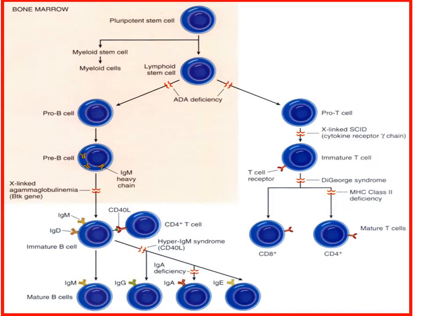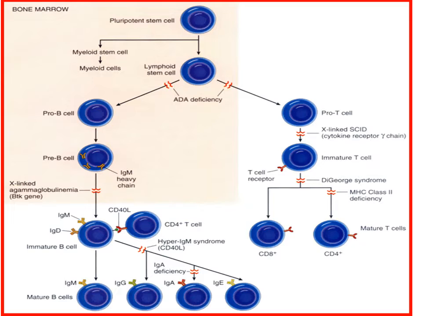This flowchart shows the differentiation of stem cells into lymphoid cells, and the genetic defects that take place at the level of their differentiation that result in primary immunodeficiency syndrome diseases. The pluripotent stem cell is differentiated into a lymphoid stem cell, and it has to differentiate into pro-B cells and pro-T cells.